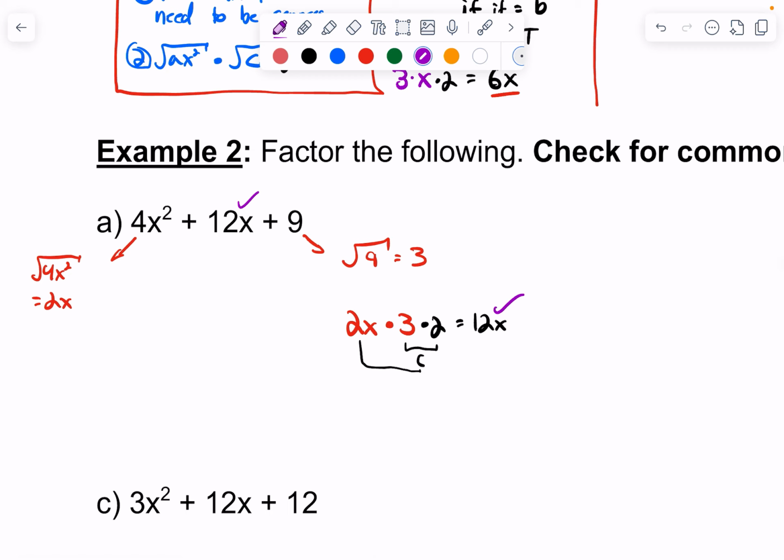So you just apply your formula now. The formula says, whatever the sign is right here, that goes in the middle. And then you just put the square root of the first term, so in this case, it's 2x. And then you put the square root of the last one, so in that case, it was 3. So 2x plus 3.